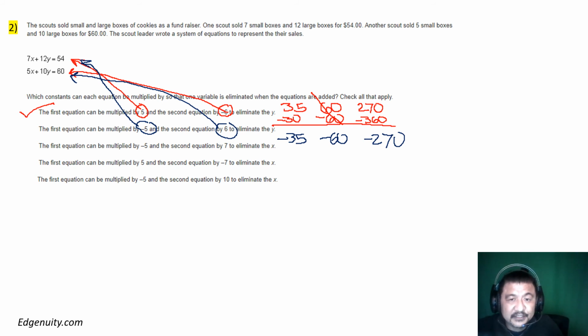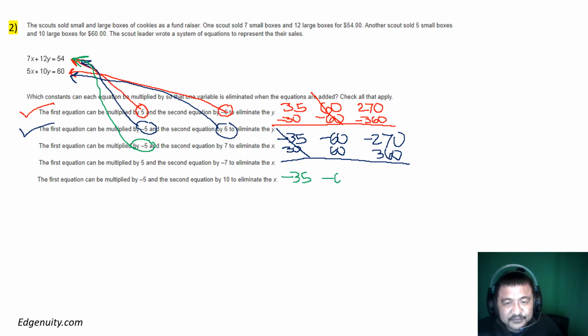Oh, it's the same as the previous, but now positive. So positive 30, positive 60, and positive 360. Okay, guess what? You can cancel these two. So that's okay. I can use that for elimination. So the next one, let's try multiplying the first one by -5. All right, we did that already.